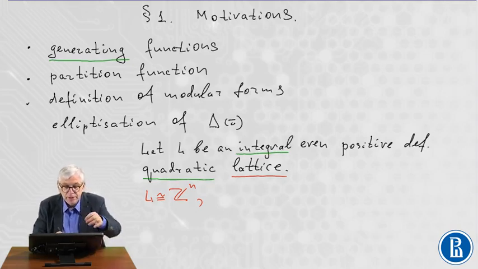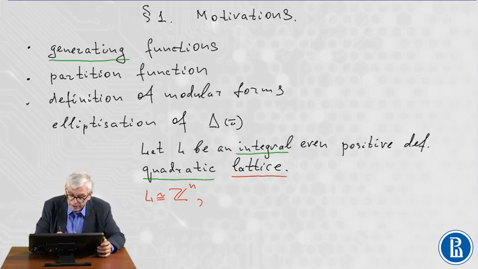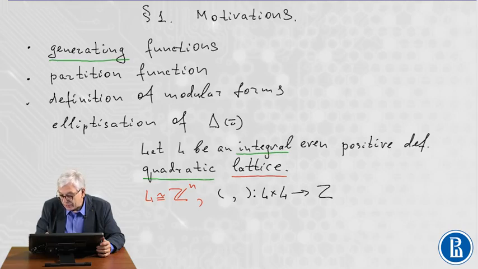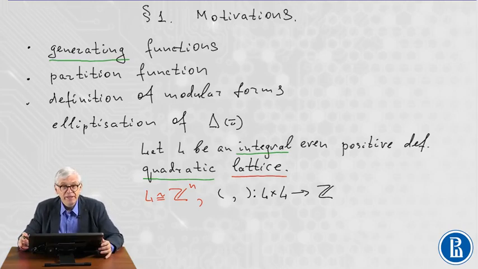It means there is a symmetric bilinear pairing defined on the direct product of L with integral values. In other words, we have here an integral quadratic form.